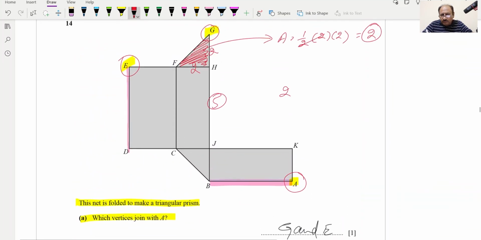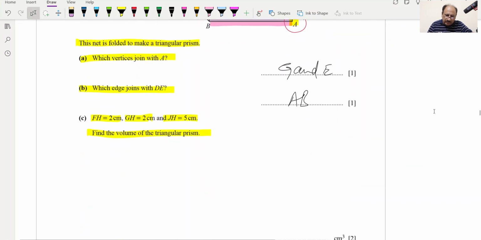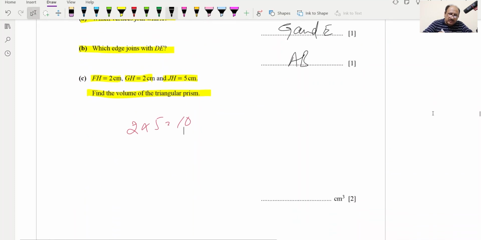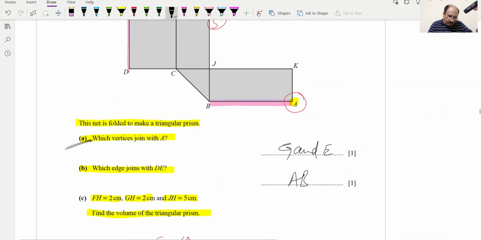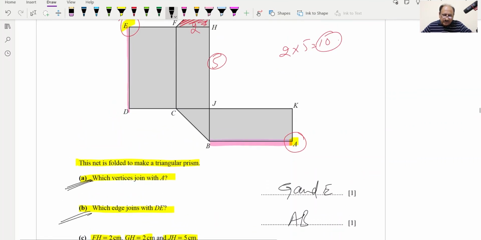So 2 will be multiplied by 5 and we will get 10. So we can write here 2 into 5 is equal to 10. So our answer will be 10 centimeter cube.